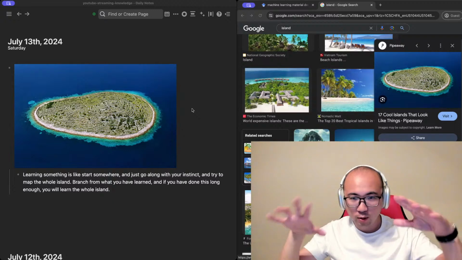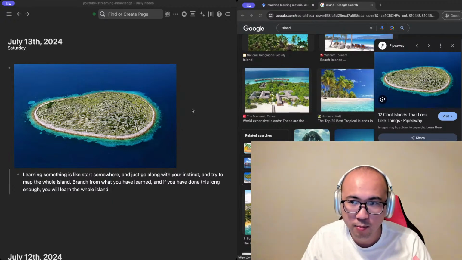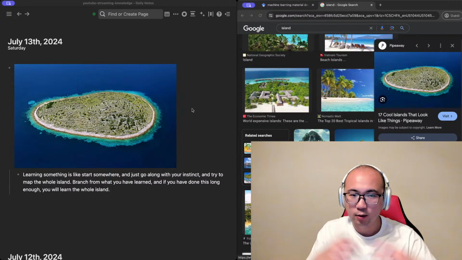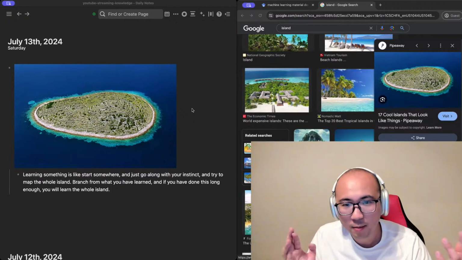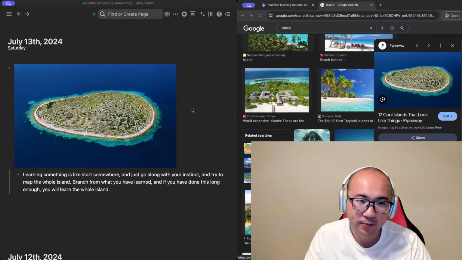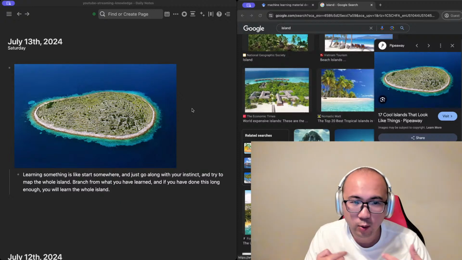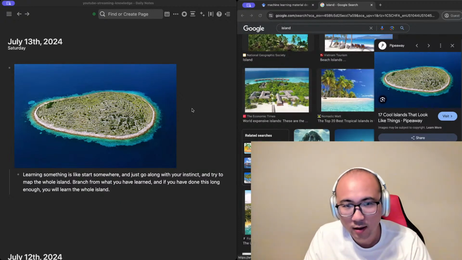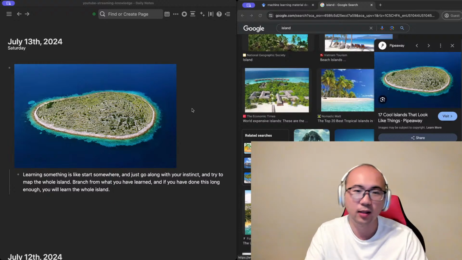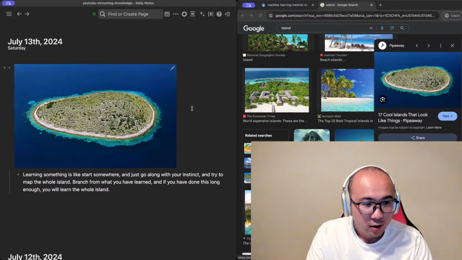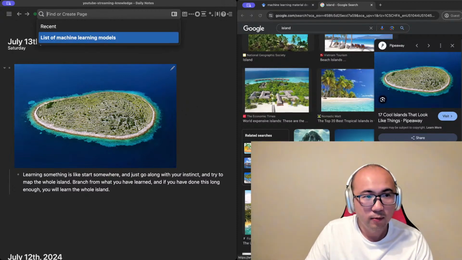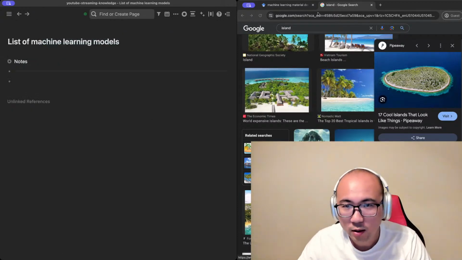So it's like building a tree, building a graph, like your knowledge graph. That's why we can start from anywhere, and gradually learn more and more stuff together. Okay, so, list of machine learning models. Let's go.